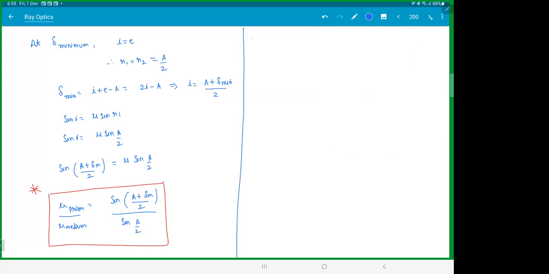Now here, be careful. Sometimes in the question they'll say that whenever I is equal to E, the delta minimum occurs, and the light ray becomes parallel. That is not true. That happens only for a certain case. So here, if suppose this angle and this angle both are theta, and if you send a light ray, it will become parallel and it comes out.